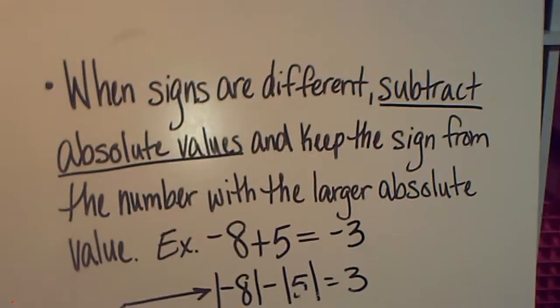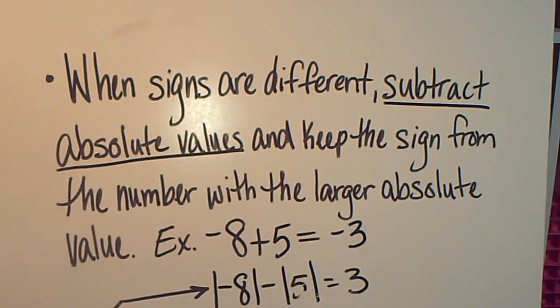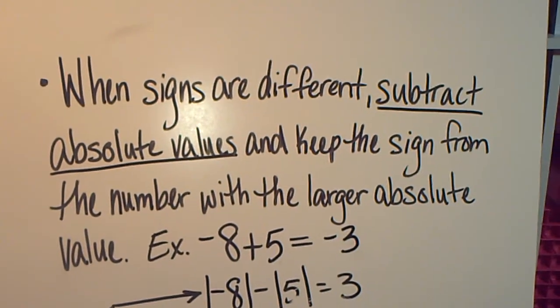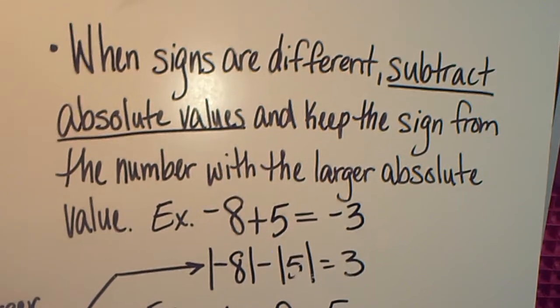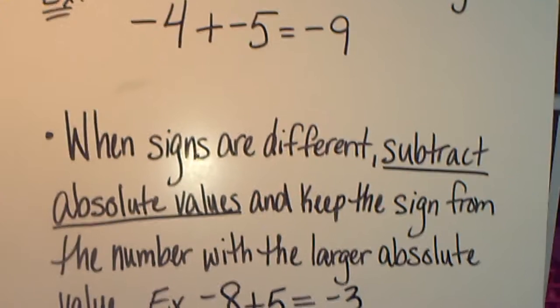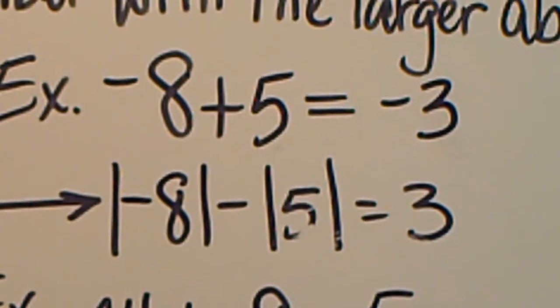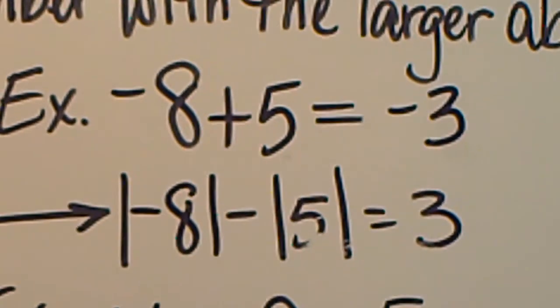But when the signs are different, we're going to subtract the absolute values and keep the sign from the number with the larger absolute value. I have a couple of examples here. First, what we've got is -8 plus 5.